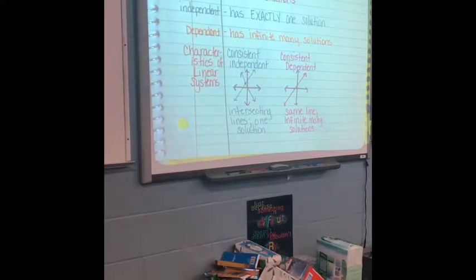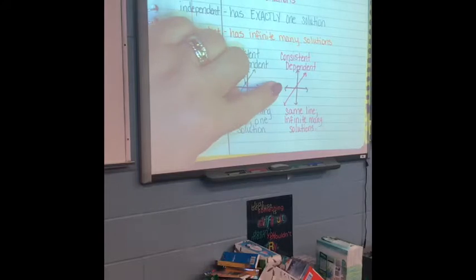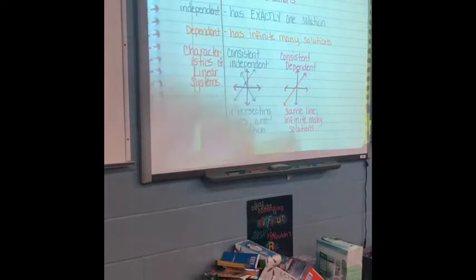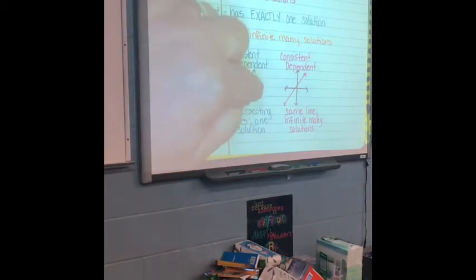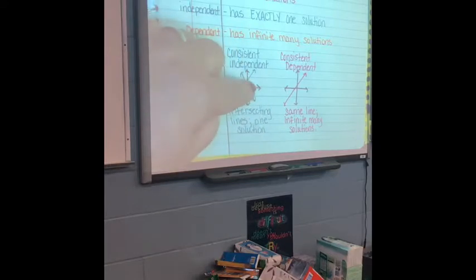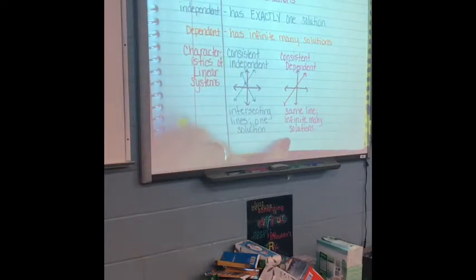If I ask you about the range on this consistent dependent, it would be all real numbers, right? But when I ask you about this set of points, how many points do they intersect at? They intersect at every single point on that line. And how many points are on that line? An infinite number. We're no longer talking about a specific value. Does that make sense? Okay.